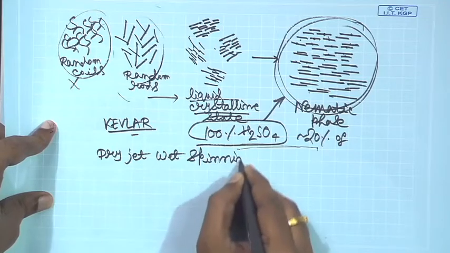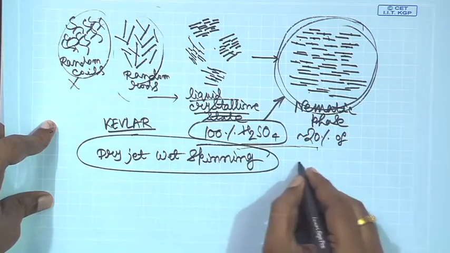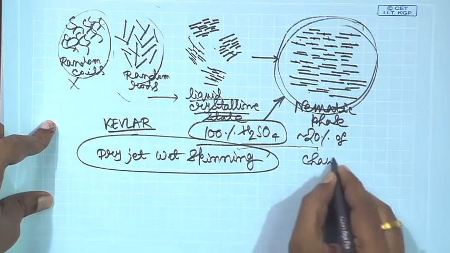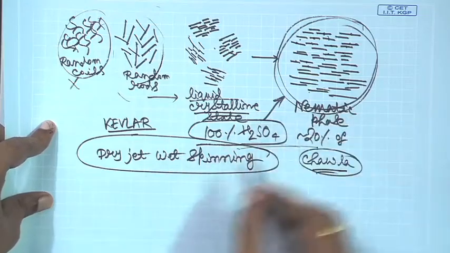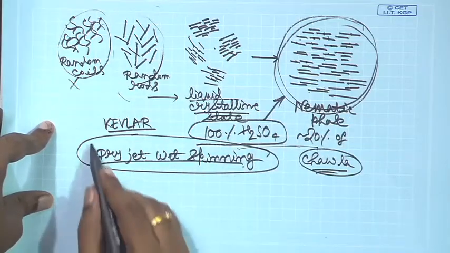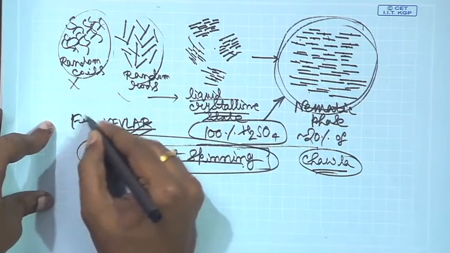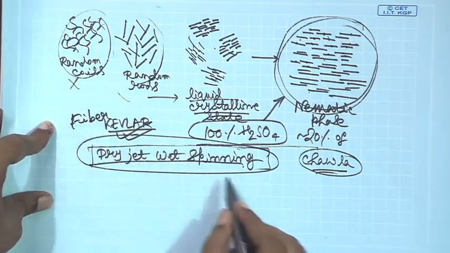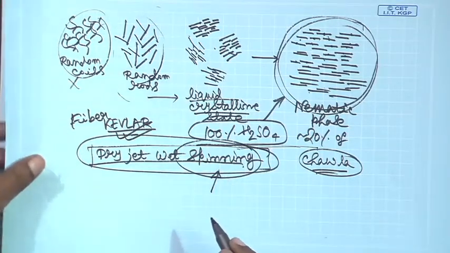We showed you the schematic, which is actually taken from the book of Chawla. I will attach that when I send you the study materials. So, the dry jet wet spinning process is what you use for Kevlar fiber preparation, which prompts me to talk about in general what a spinning process is.